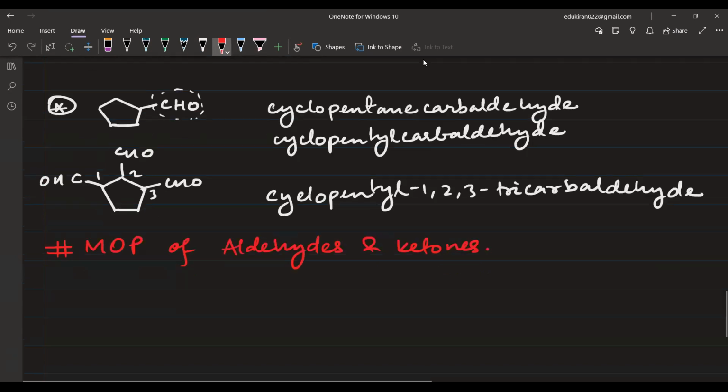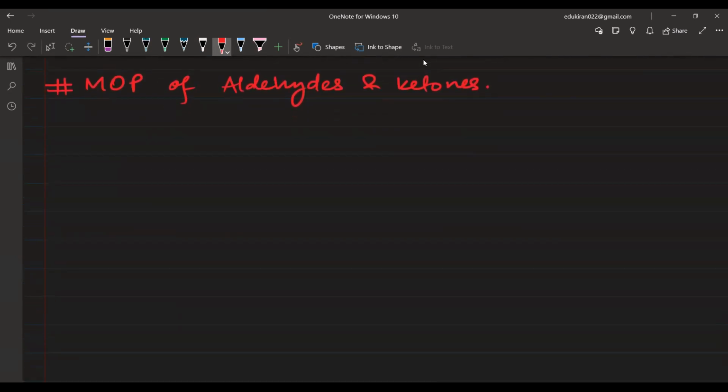In method of preparation of aldehydes, there are 3 different sections. First of all, we are going to look at the methods of preparation which give you both aldehydes and ketones. So please write the method of preparation, that is A part.